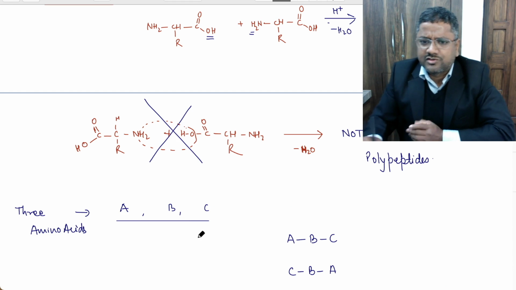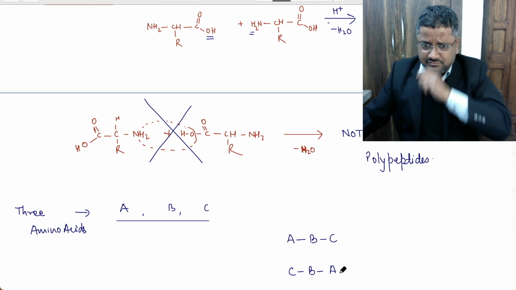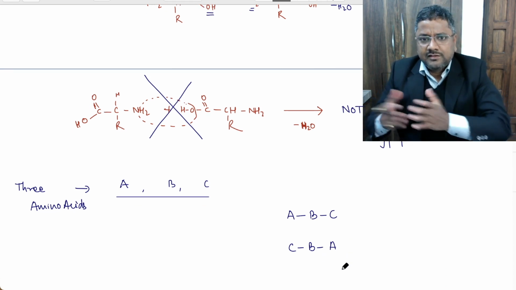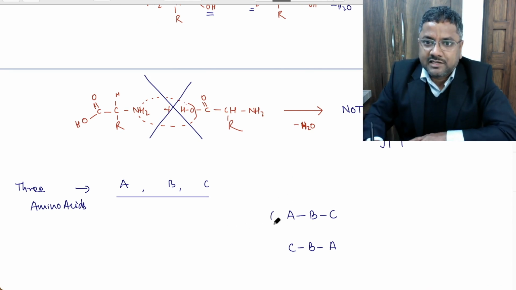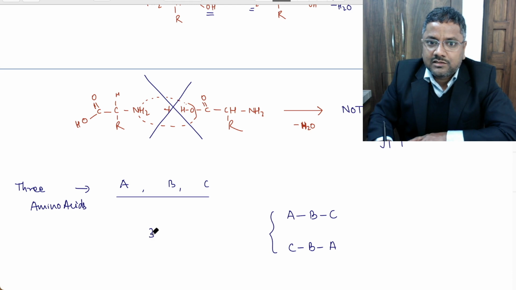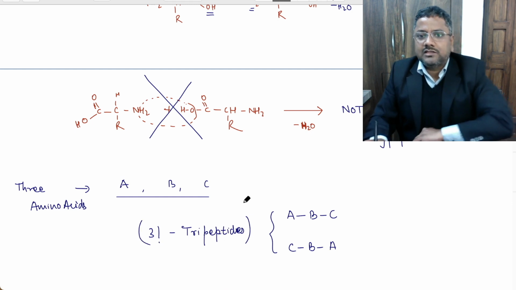BAC is also possible. All the others are possible. I think factorial 3 tripeptides are possible here. Right? So factorial 3 tripeptides are possible.